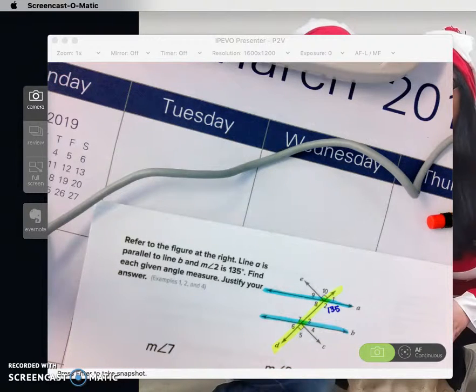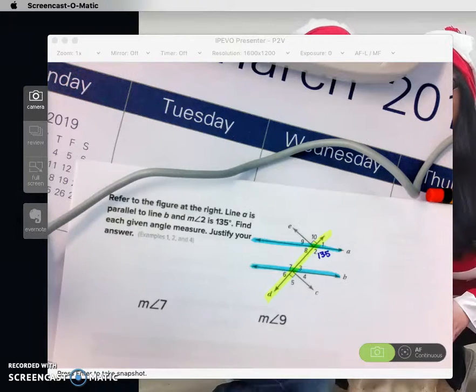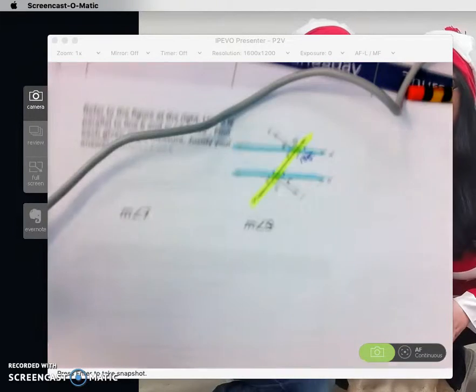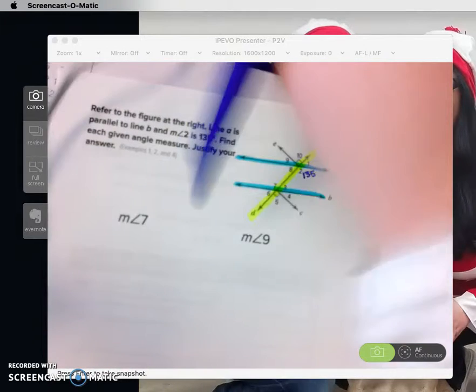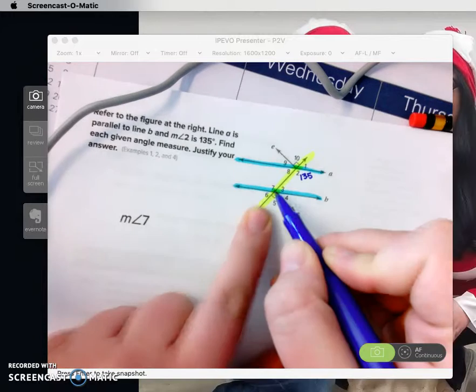Okay, so I'm going to try and forget everything else, and I'm going to try and just look at my two lines cut by my transversal. Sorry about that. Okay, so first, angle 7.